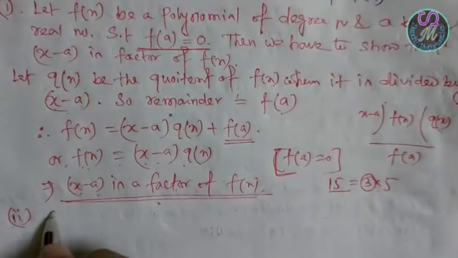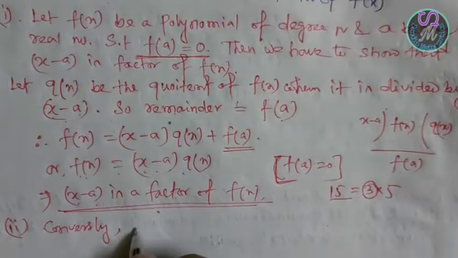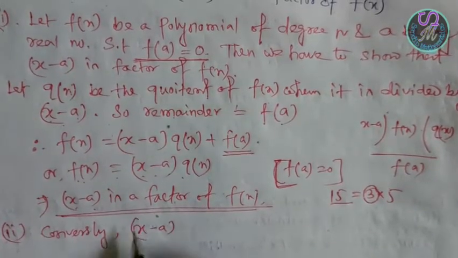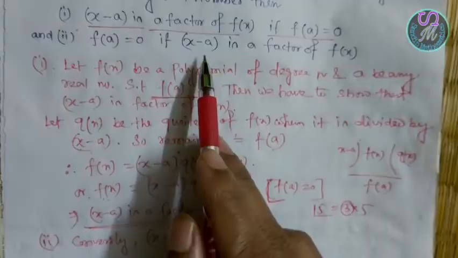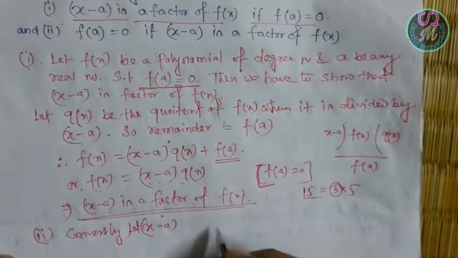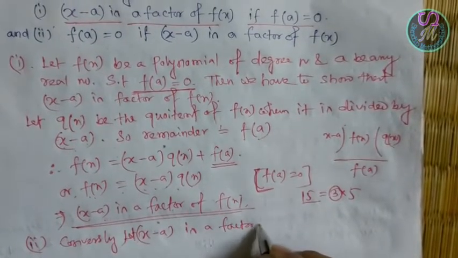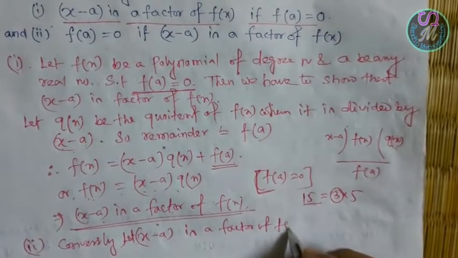Now the second one. This is the converse part. Conversely, the condition is that x minus a is a factor of f(x). Conversely, let x minus a be a factor of f(x).